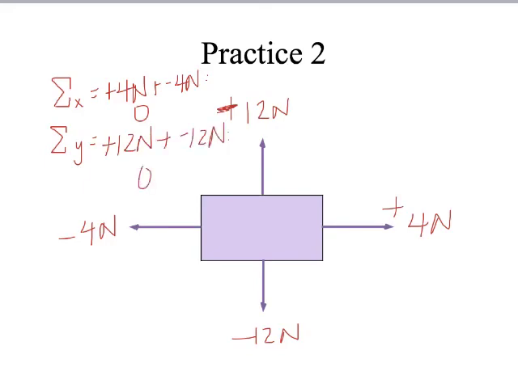When you get zeros, it means the object is, in this case, moving but without acceleration. Okay, so F net equals 0. That means no acceleration. We'll get into a more detailed explanation of that in the next video, but that's a very, very important thing to remember.